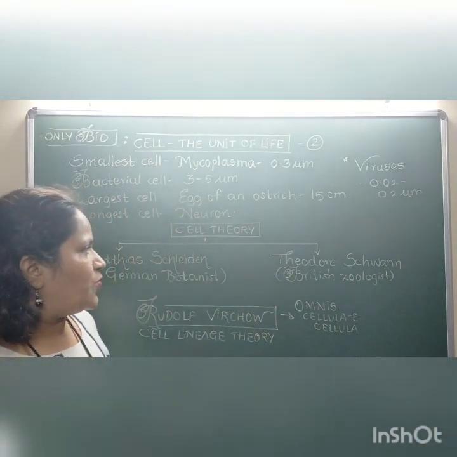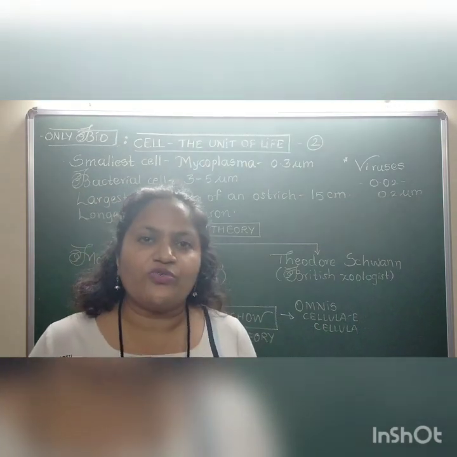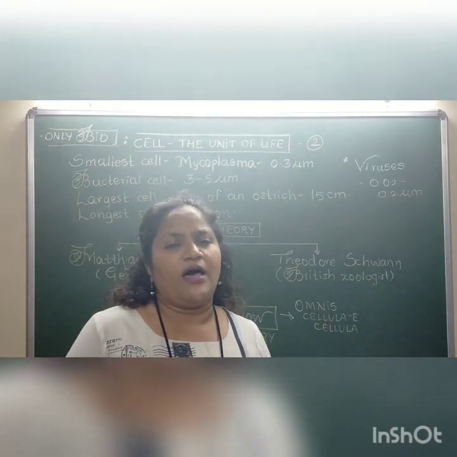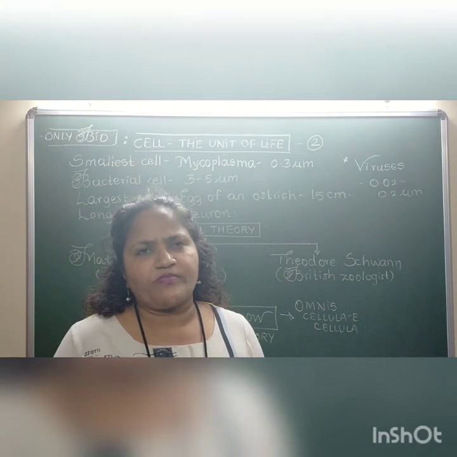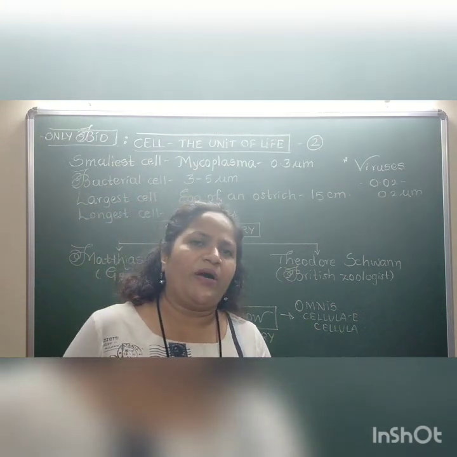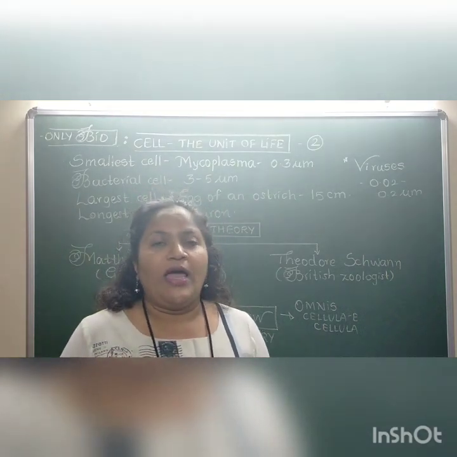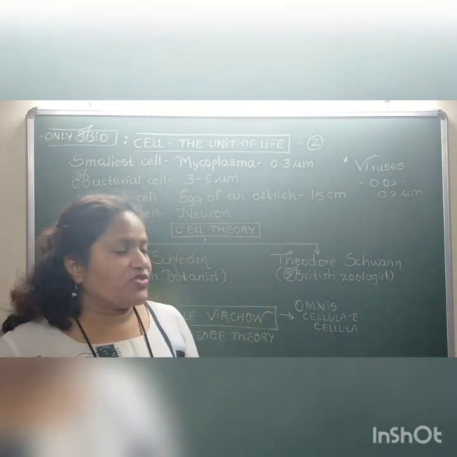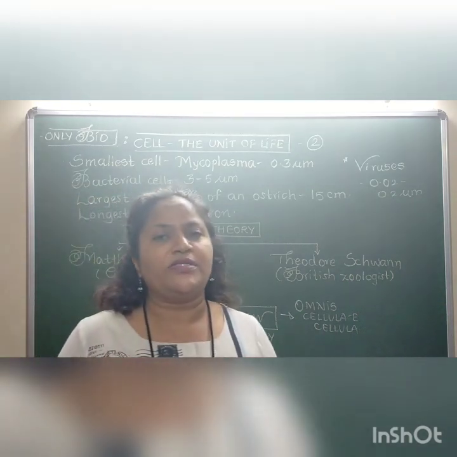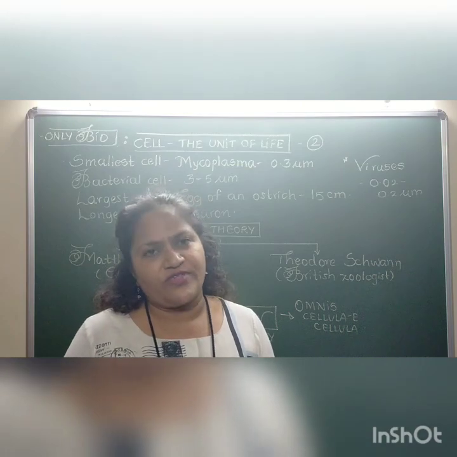Now coming to the next point, Matthias Schleiden, when he was studying all the plants, got to know that all the plants are made up of cells and they have the same basic structure, that is, a cell being bounded, and of course he never knew about cell wall. And Schwann, studying all the animals, got to know that all the animals are made up of cells.